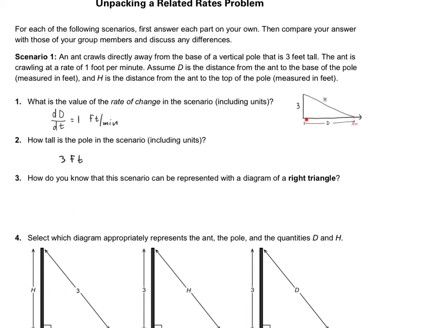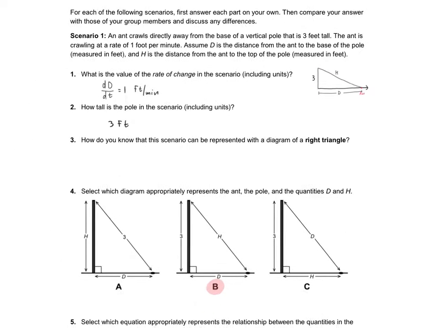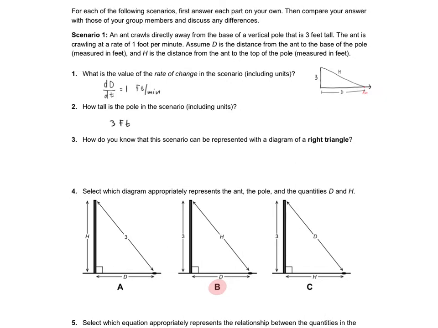So if you have a vertical thing with the ground, then there's a natural right angle here. And then the fact that you have some kind of distance mentioned from the top of the pole to the ant gives you the hypotenuse of that right triangle. But basically the answer to that question is it naturally happens from the description of that scenario.